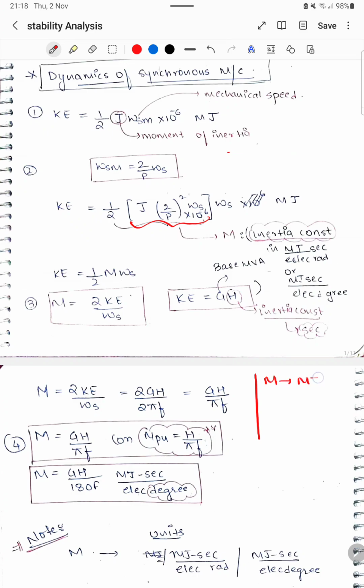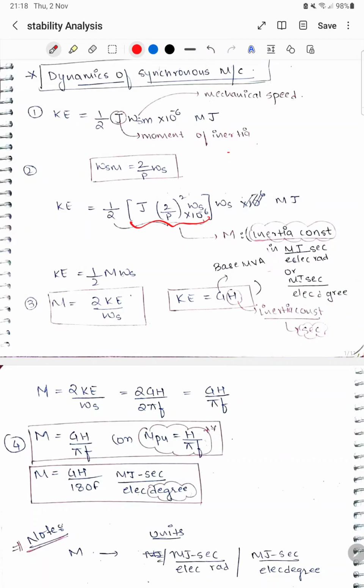The units of M are megajoule second per electrical radian, or megajoule second per electrical degree. It will be either of these, then you need to consider it as M. If H is given, in the question it will be megajoule per MVA, or it will be given in seconds. Then you need to consider that inertia constant to be H.